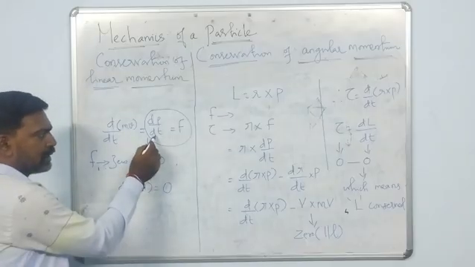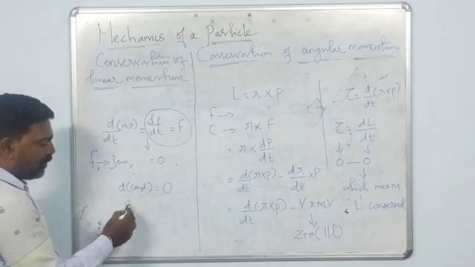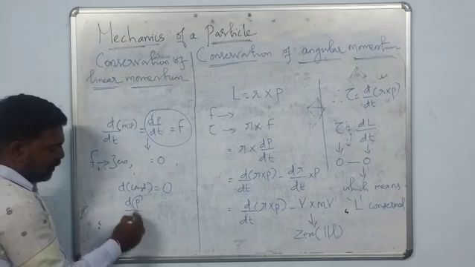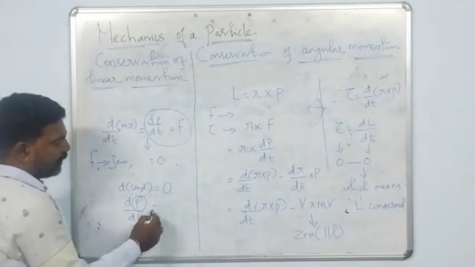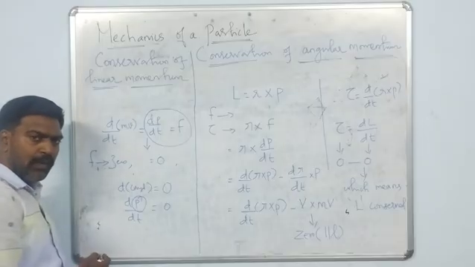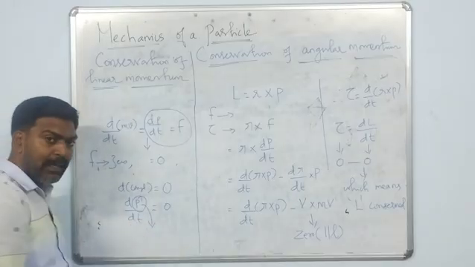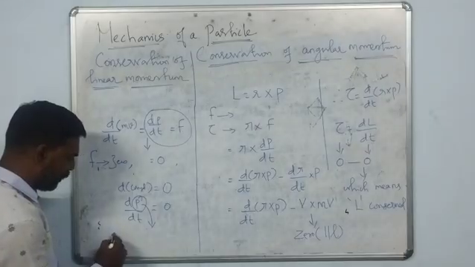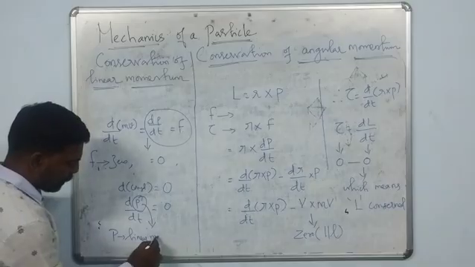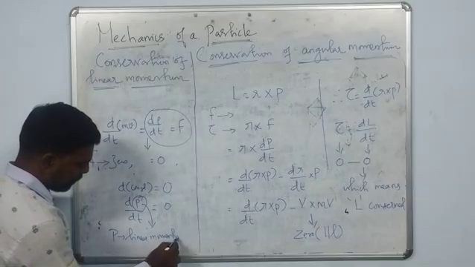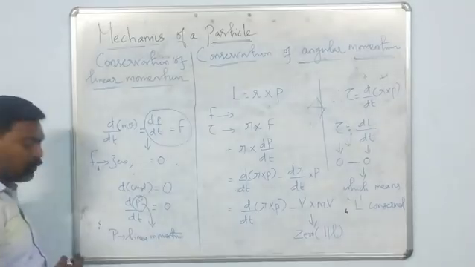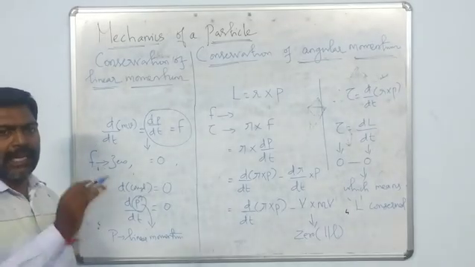So in this equation, dp by dt equals 0, which indirectly shows that linear momentum is constant. Linear momentum P is constant. It shows that linear momentum is conserved.